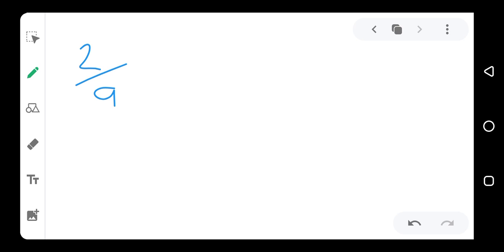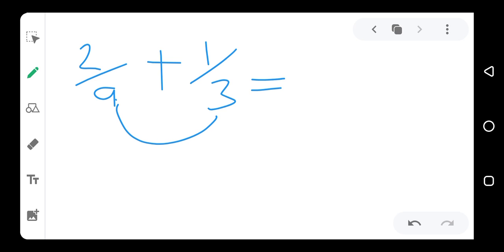So if we have 2 over a plus 1 over 3, we can also add these two fractions together by saying we look for the LCM between a and 3. The LCM between a and 3, there is nothing that can divide a and divide 3.